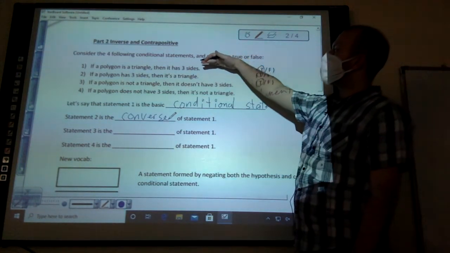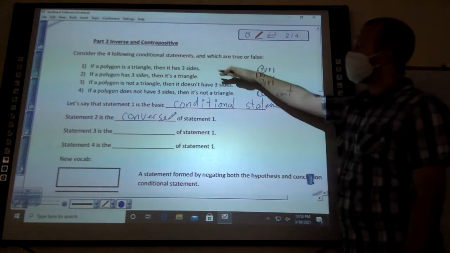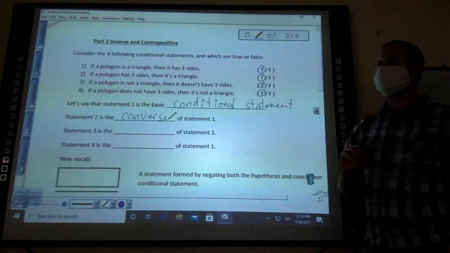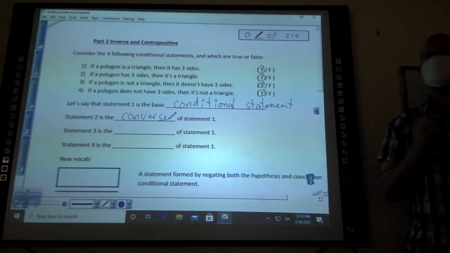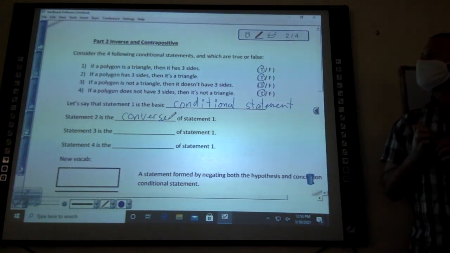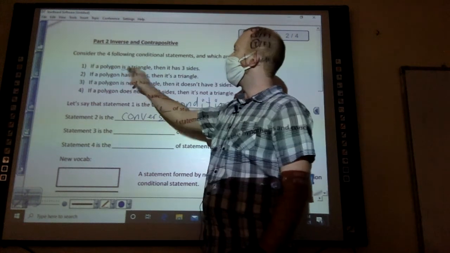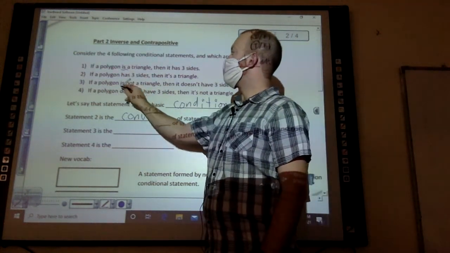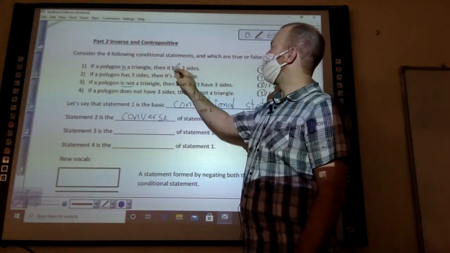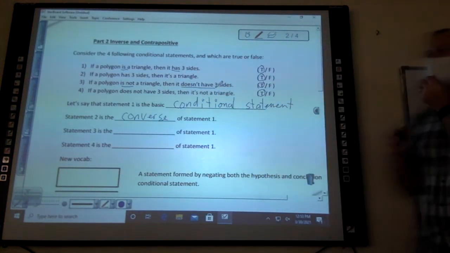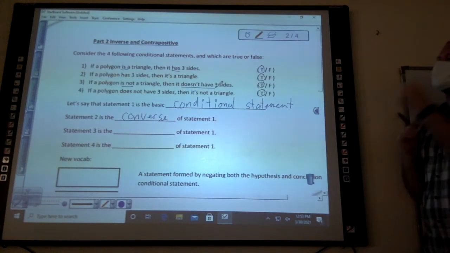How does the first statement compare to the third statement? What's the difference between those two? This one says is a triangle, this one is not. Has 3 sides, doesn't have 3 sides. So what I'm doing is called negation.